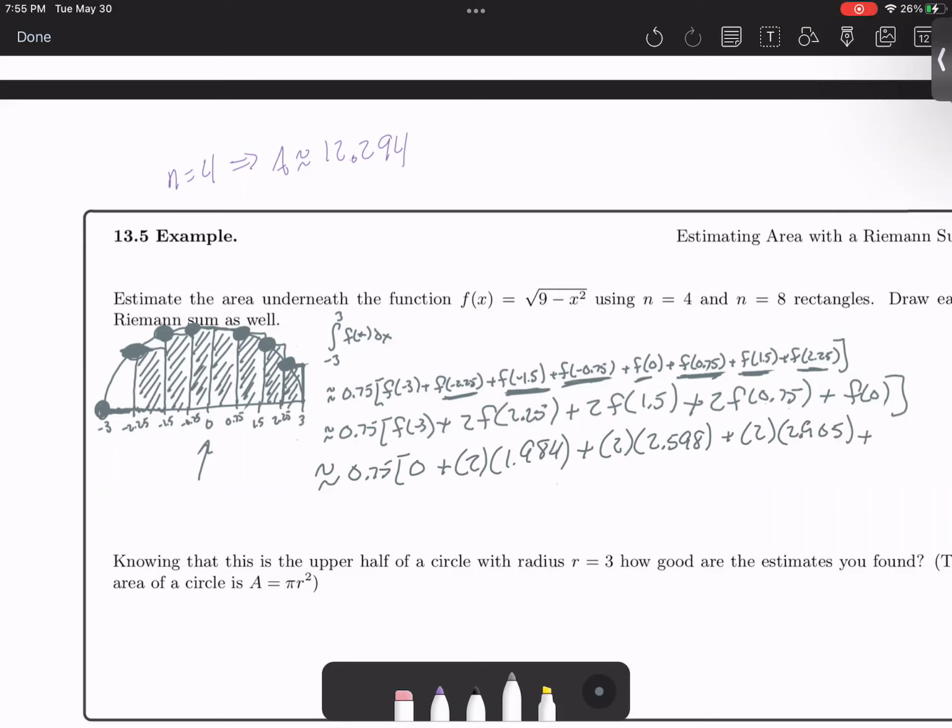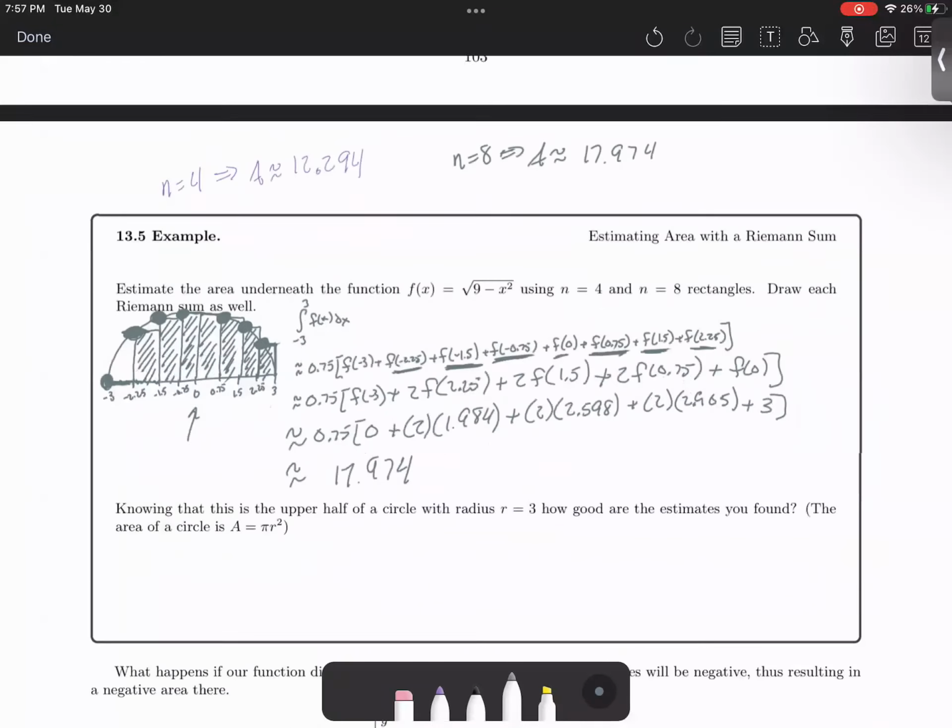And then f of 0, that gives you a 3. Oh, again, not equal signs. So the area is approximately, when all the algebra clears the room, you're going to get about 17.974. So when we have 8 rectangles, we get an area of about 17.974.